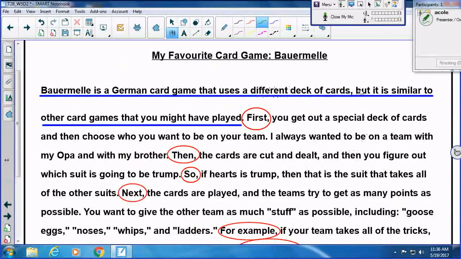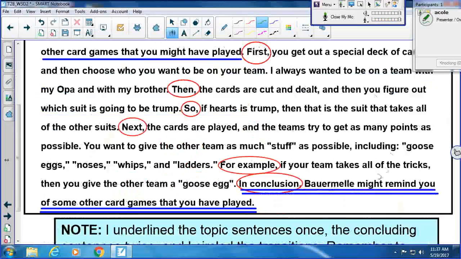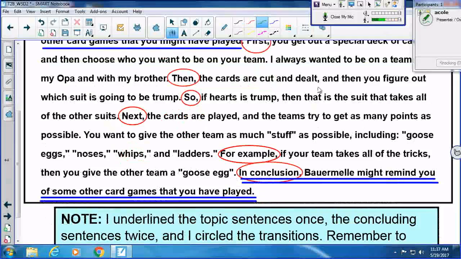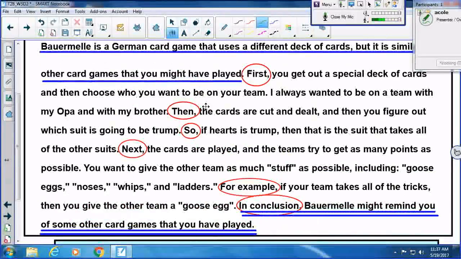So I explain the name of the game and I basically let people know that it's similar to other card games that they might have played. And then when I finish my paragraph, I remind people about the fact that I talked about Bauermela and that it's similar to other games by saying, in conclusion, Bauermela might remind you of some other card games that you have played. So you can see that I use slightly different words to say the same thing.